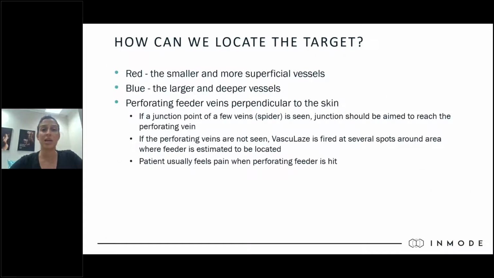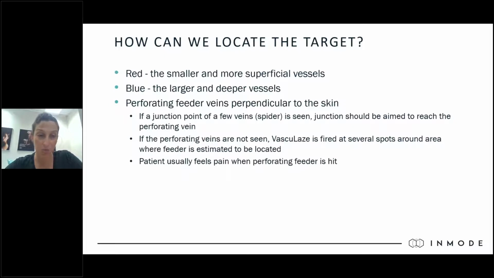So how do we actually locate targets? We can use different views of the different vessels in order to understand what kind of vessels we deal with. The red ones, the ones that we are actually seeing as red, are the smaller and more superficial vessels. The blue ones are the larger and deeper located ones.